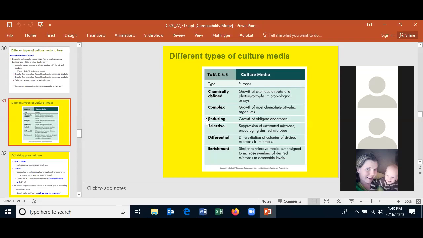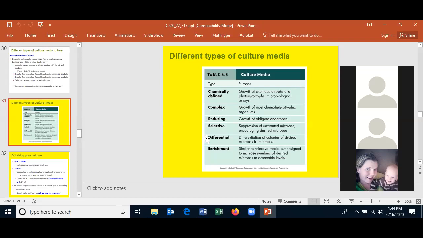A reducing media is a special media we use to grow obligate anaerobes. A selective media is one where the chemicals in it select for certain organisms. And so certain things can grow in that media, but other things cannot grow in it.